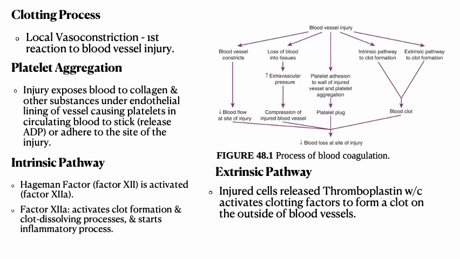When one of these factors becomes activated, the lowercase letter a is added. For example, activated Hageman factor is also called factor 12a, as shown in the slide. The activation of the Hageman factor starts a number of reactions in the area.